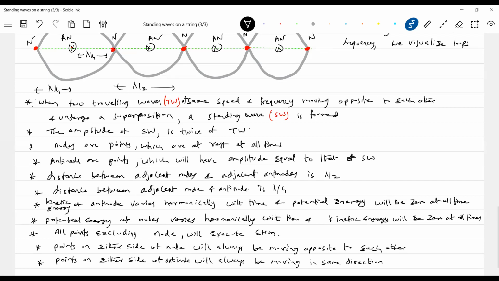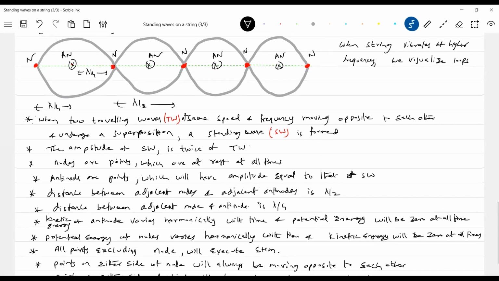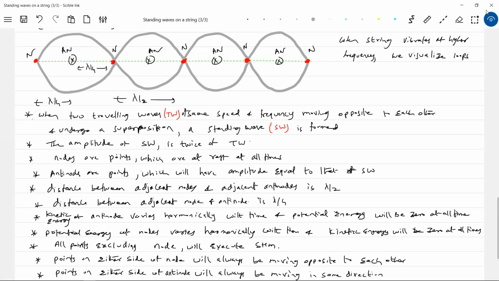Can you say anything about the phase difference between these points? Let me ask in a simplified way. What is the phase difference between these points? Zero. What is the phase difference between these 2 points? Pi radian. So in a standing wave, we have only 2 phases. Either the phase difference between particles will be 0 or pi radian.